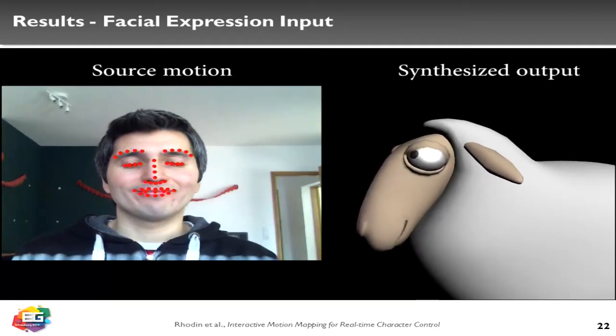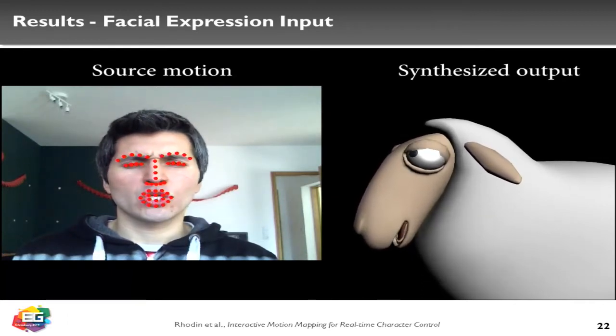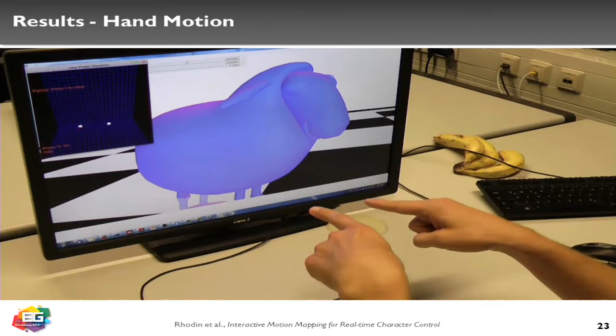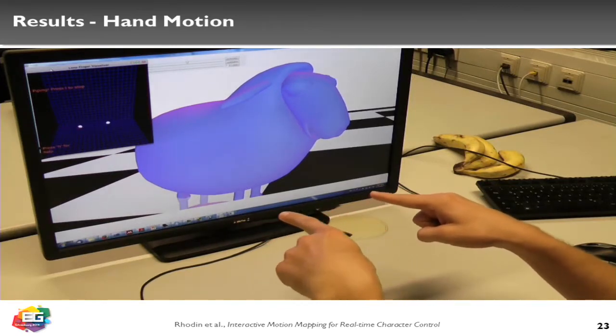All the faces look quite similar. So in this case, when using the face, they can produce a very limited amount of motions. But they can also use the leap motion.